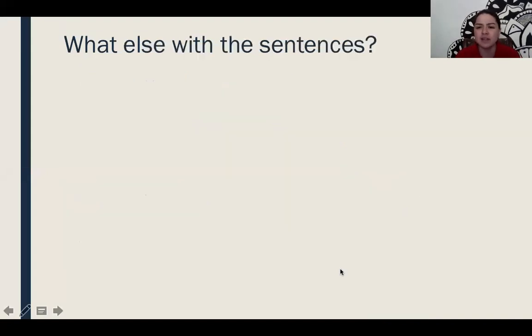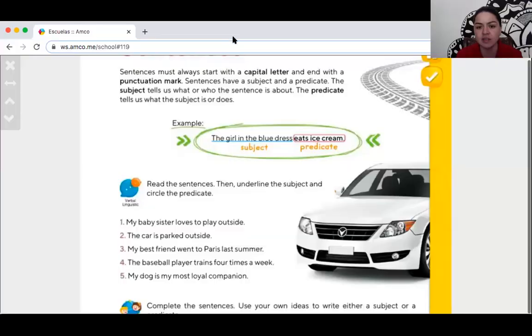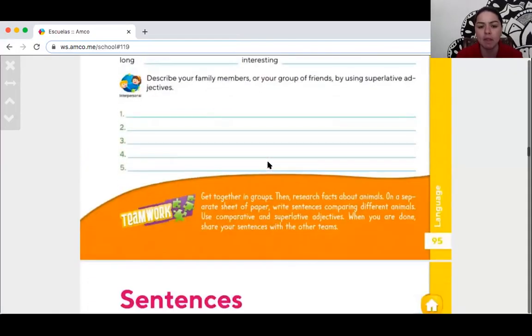What else with the sentences? Well, before we answer this, let me share you the page of the sentence so we can answer.